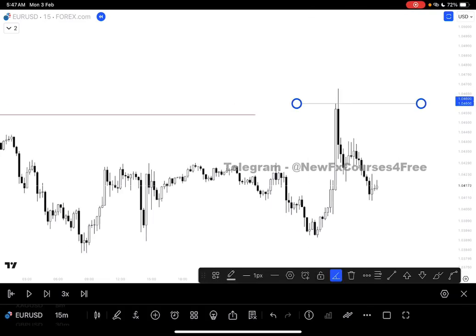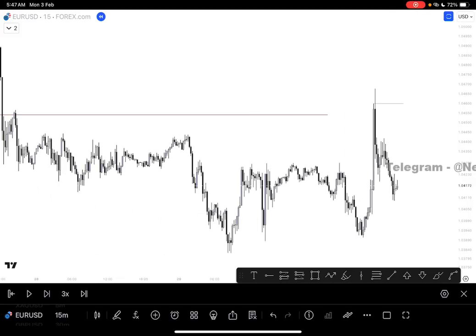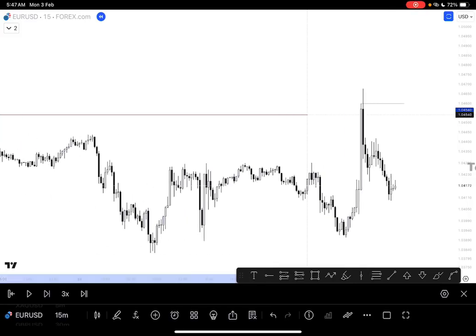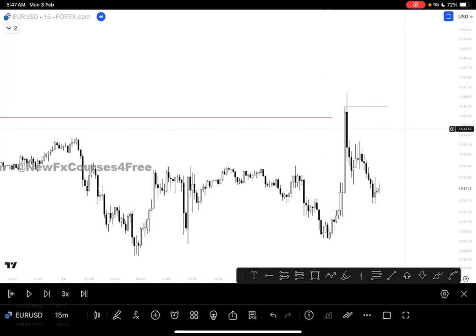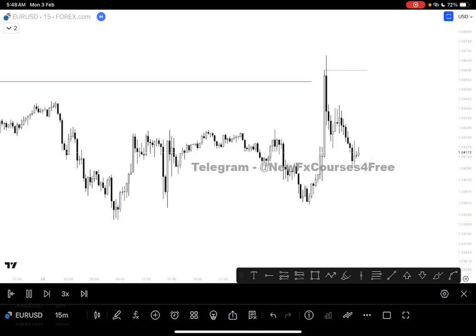This was actually a high probability Turtle Soup. Tapping on this 4-hour key level, you go down to the 15-minute time frame and you've got your Turtle Soup and displacement lower.